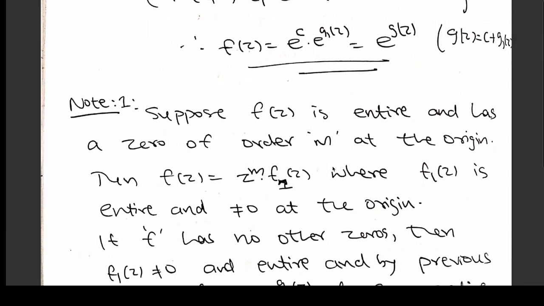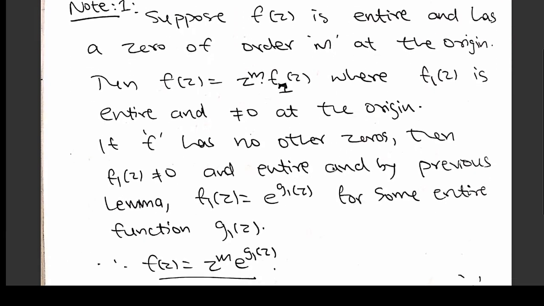Now let us see some consequences of this. Suppose f(z) is entire and has a zero at the origin of order m. Then you know that you can factorize it. It is of the form f(z) equal to z raised to m times f1(z), where f1(z) is entire and not equal to 0 at the origin.